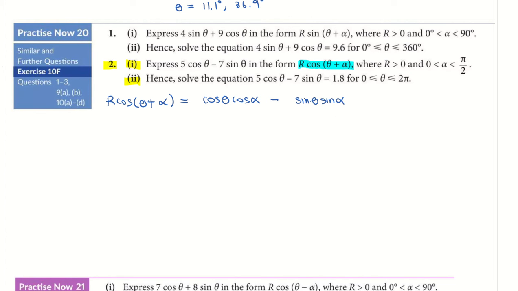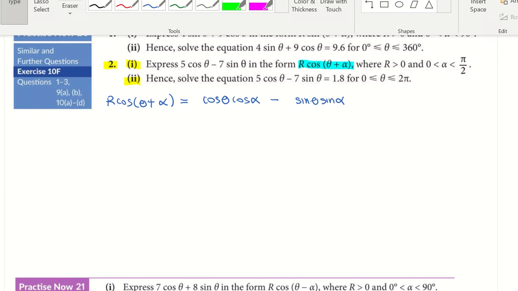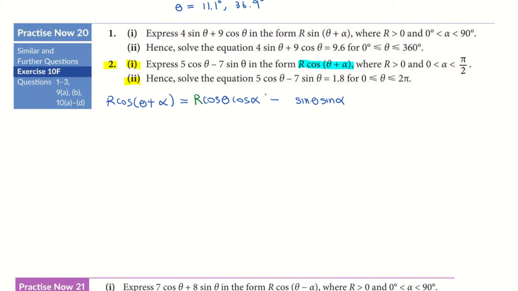How do I put the R? Here and here. Okay, I just expand it. Because the question asked me to express 5 cosine theta minus 7 sine theta in terms of the R formula, I break these two up. Now I will compare. Compare cosine theta with cosine theta.